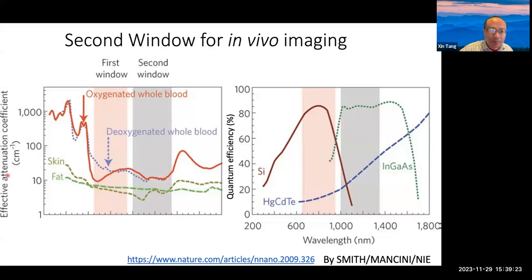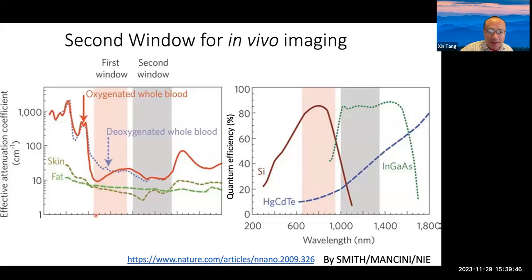Here the attenuation coefficient means how much light gets attenuated. This attenuation is because of the scattering and the absorption of the light. Now, if the light has a short wavelength, like 200 or 600, it has a high attenuation coefficient, meaning it can be absorbed more.